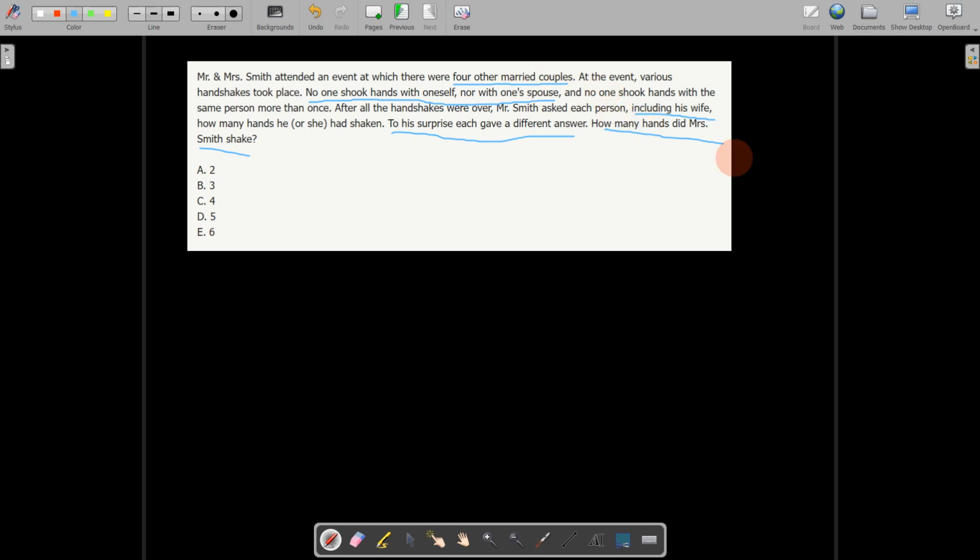Because the 10 people can have a maximum of 8 handshakes, since the married couples are not shaking hands with each other. So we will select the 9 distinct integers: 0, 1, 2, 3, 4, 5, 6, 7, 8.